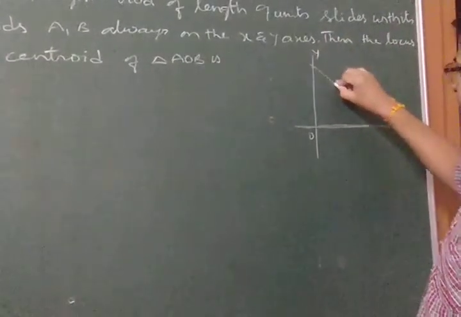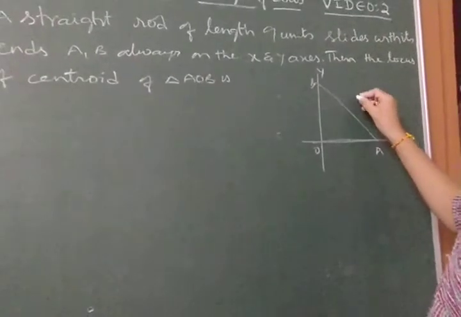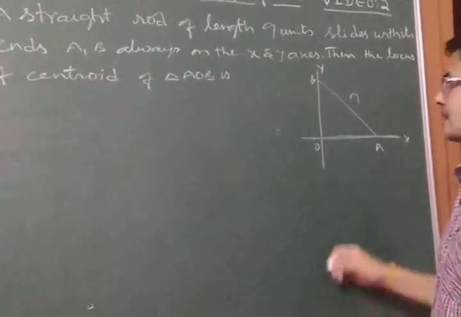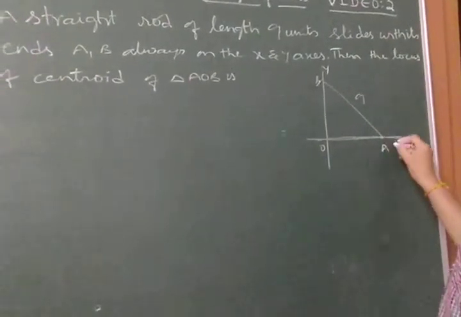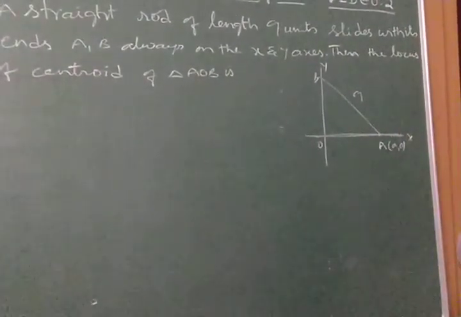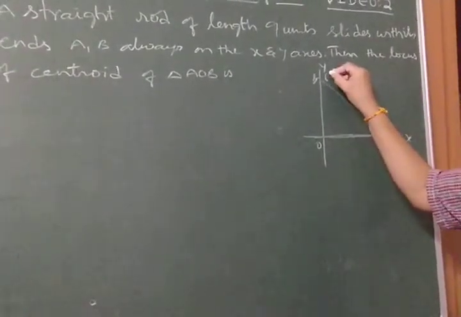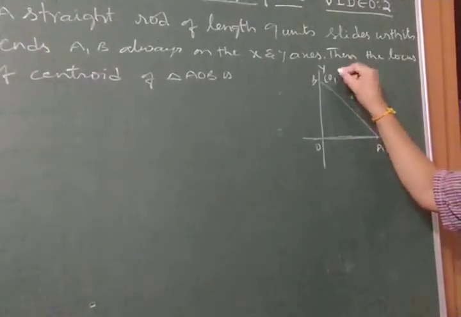AB is the rod of length 9 units. One end of the rod lies on the x axis and we take it as (a, 0). Another end lies on the y axis, we take it as (0, b).